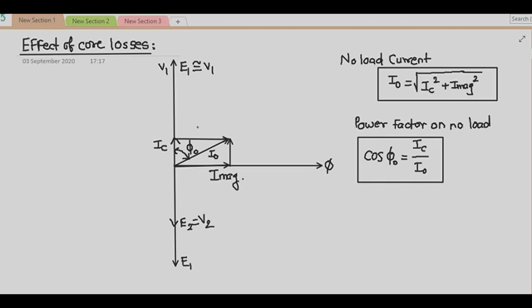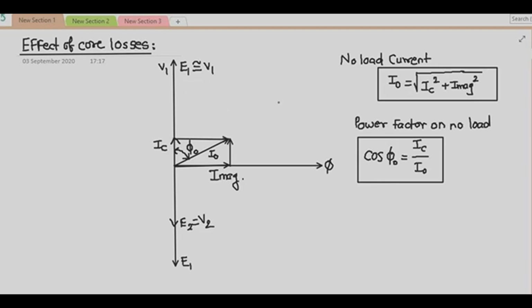Therefore, even under no load condition, what is no load condition? It means that the secondary is open circuited. Even then, the source must supply enough power to the primary winding to overcome the core losses.